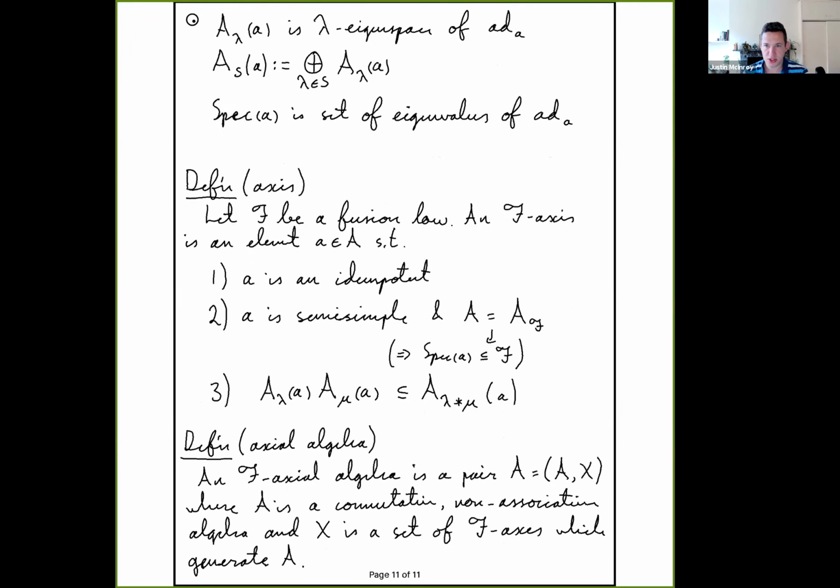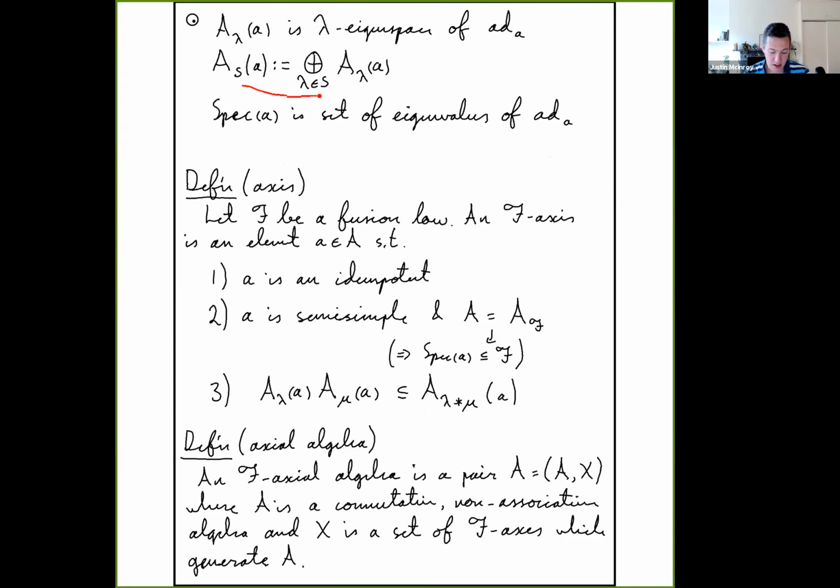And just more notation here. Remember that I'm thinking about the adjoint action of some element a, and I write A_lambda(a) for the lambda eigenspace for a. And sometimes I'm going to drop these brackets (a) where it's obvious.